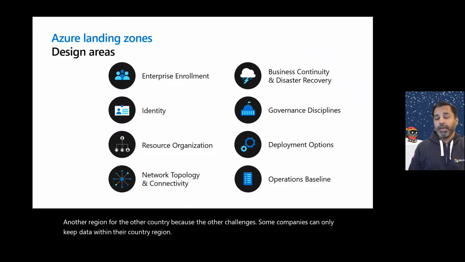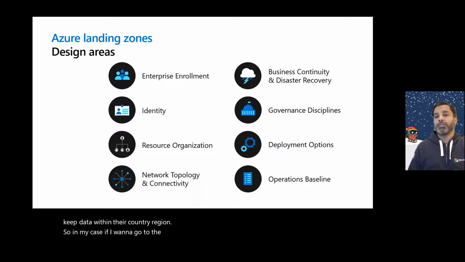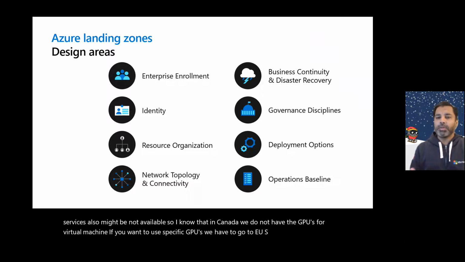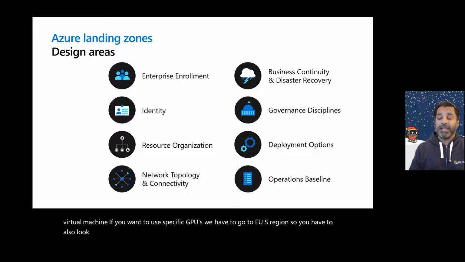So in my case, if I want to go to the US, that could be an issue. The other challenge is some of the services also might not be available. So I know that in Canada, we do not have the GPUs for virtual machines. If you want to use specific GPUs, we have to go to the US region. So you have to also look and plan ahead, because that's going to be very vital for your design planning.